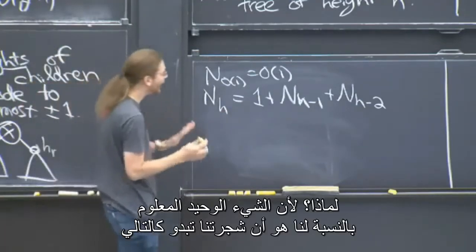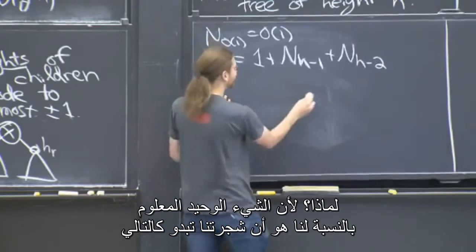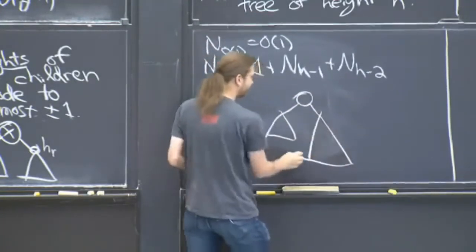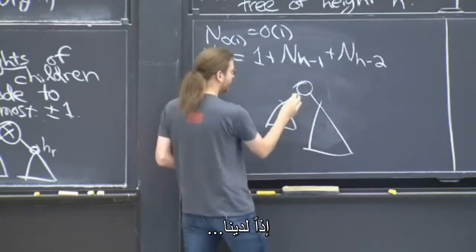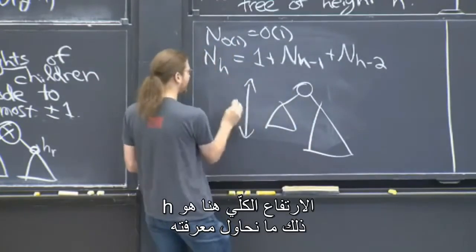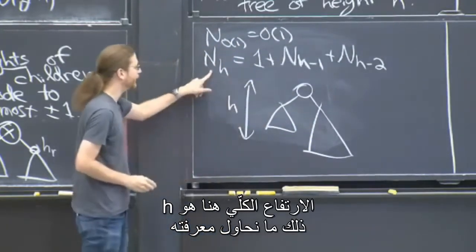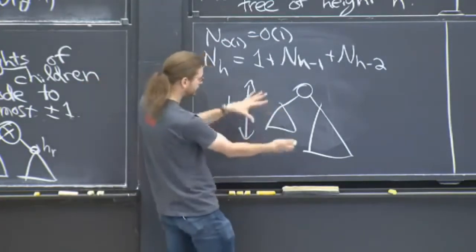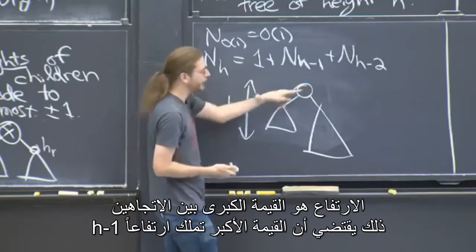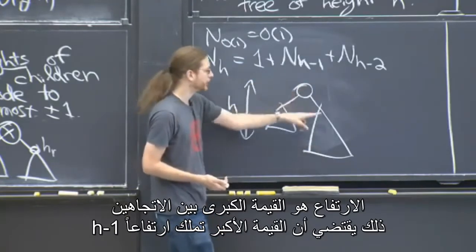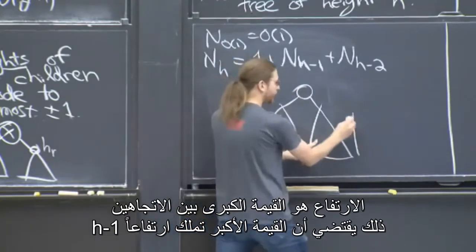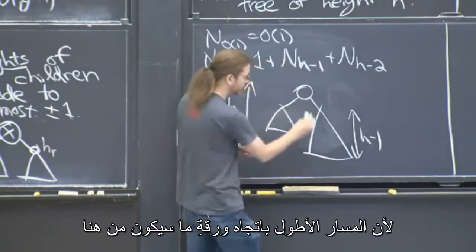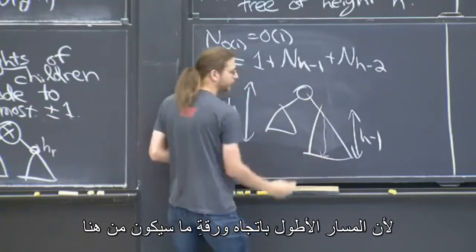Good. Okay, why? Because the one thing we knew is that our tree looks like this. Okay, so total height here is h. That's what we're trying to figure out. How many nodes are in this tree of height h? Well, the height is the max of the two directions, right? So that means that the larger has height h minus 1 because the longest path to a leaf is going to be down this way.